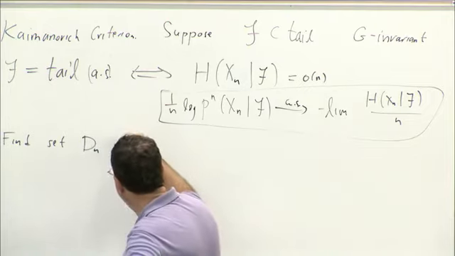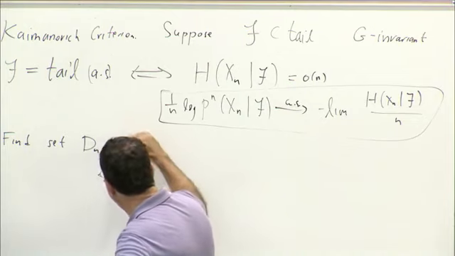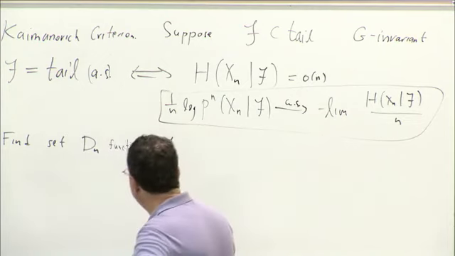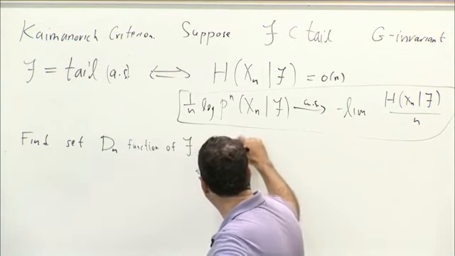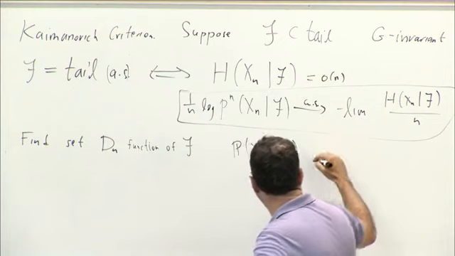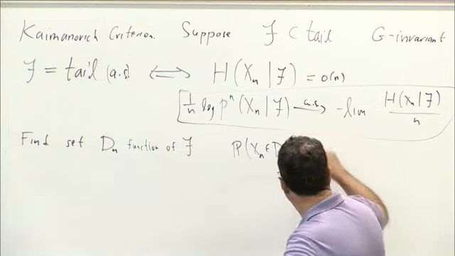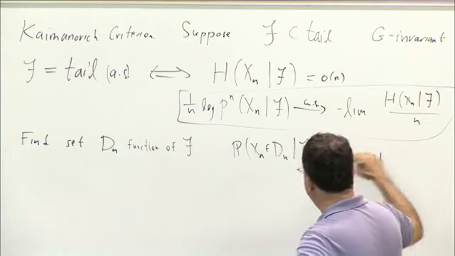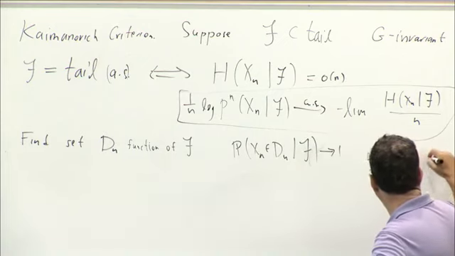D_n should be a deterministic function of our candidate, so of F. So it's a set determined by F, so that the probability of X_n in D_n is large, say tends to 1. It's enough that this probability is just uniformly positive, and D_n is sub-exponential.